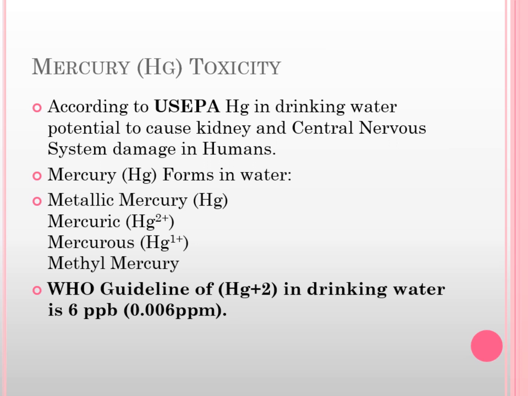The WHO guideline for mercury in drinking water is 6 ppb, that is equal to 0.006 ppm. This is the maximum permissible limit of mercury in drinking water, that is 6 ppb. It should not exceed this concentration.